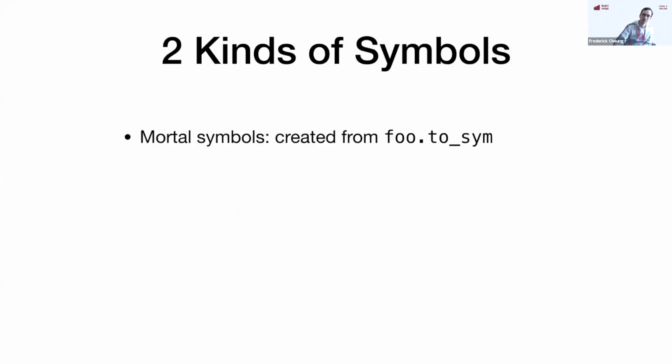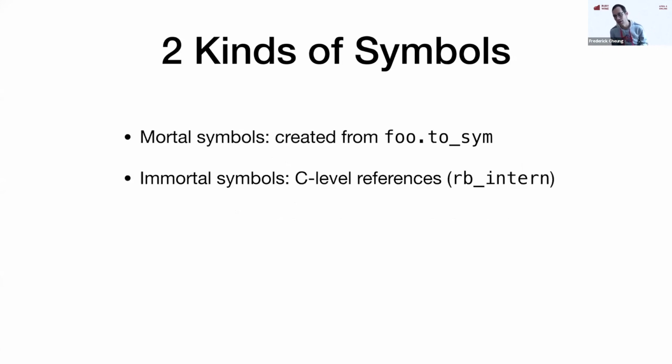There are Mortal symbols. These are, roughly speaking, symbols created directly from Ruby. So if you call foo.to_sym, you'll get a Mortal symbol. The other kind of symbol is an Immortal symbol, and this happens from C-level references. So there's a method inside the Ruby C API called rb_intern, which creates these.